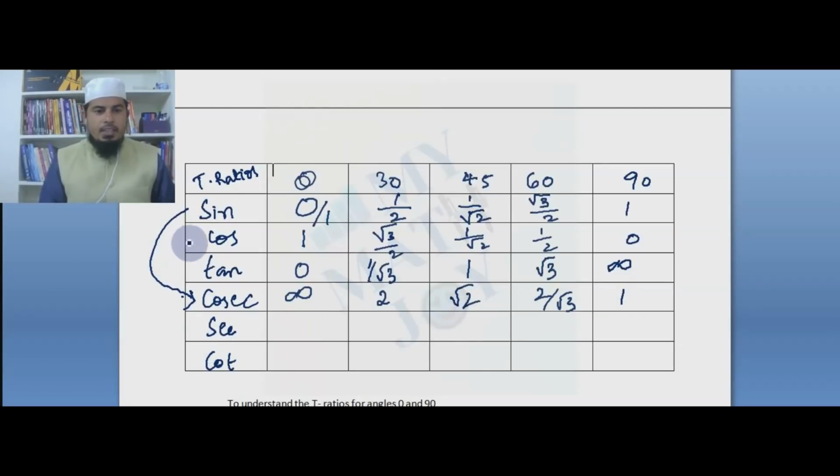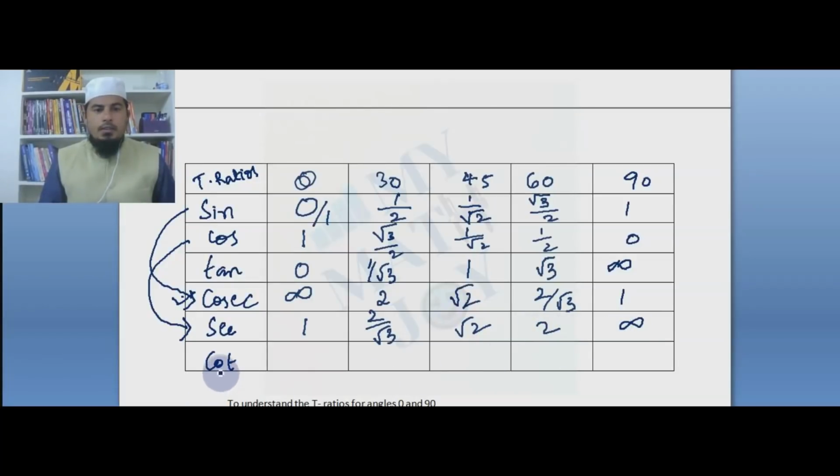Secant is the reciprocal of cos, or otherwise you complement the cosecant to get secant. What do you mean by complement? Writing from the right side you will get it. So write 1, 2 over root 3, root 2, 2, infinite.